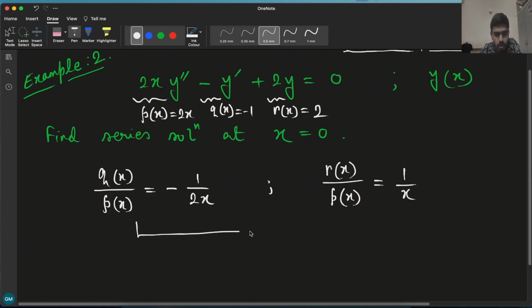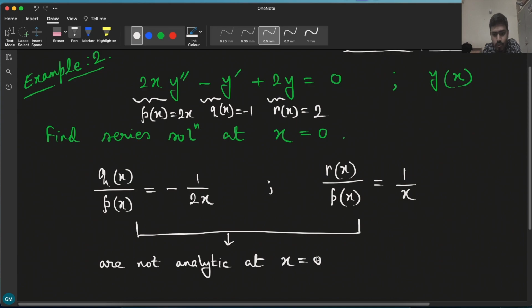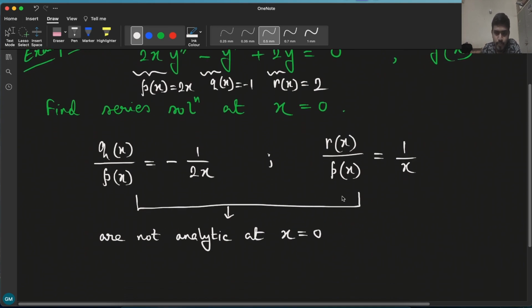So these two functions are not analytic at x equals 0.